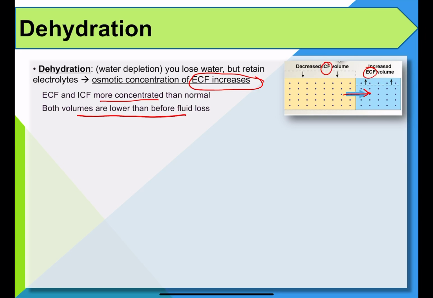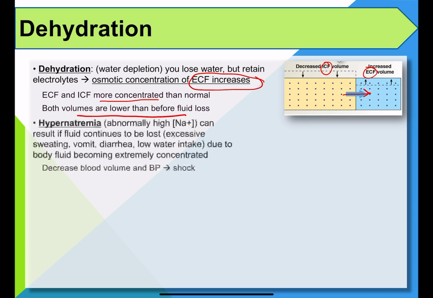And that's why I said, even though you have that temporary fix from the ICF that we can rely on, in the end, you still have to go drink some more water to replenish your overall body water content. Okay? Now, if this persists for a longer period of time, you will end up with hypernatremia, okay? Abnormally high sodium concentration.